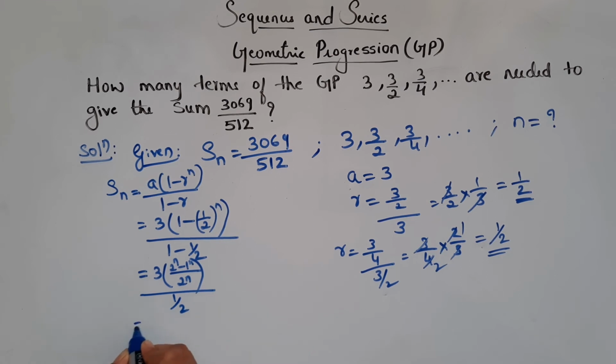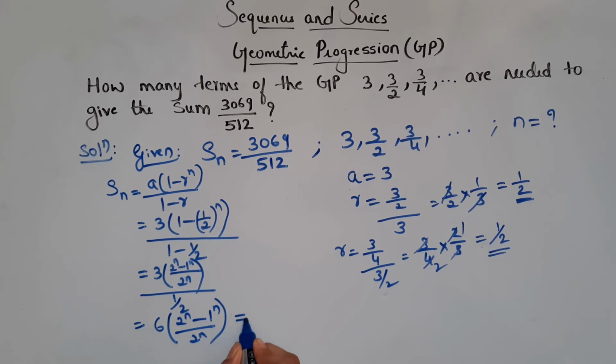When you bring this to the numerator, it will be the reciprocal. So 3 into 2 is 6, so 6 into 2 power n minus 1 power n by 2 power n.